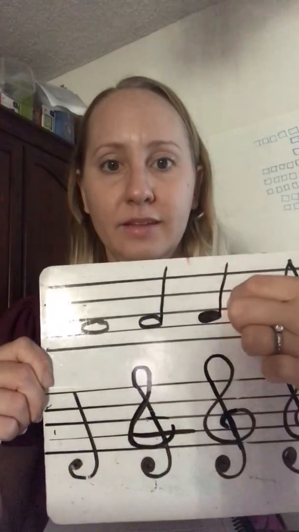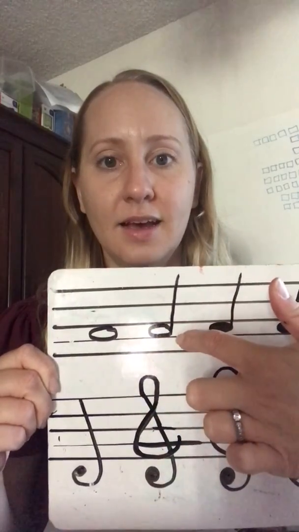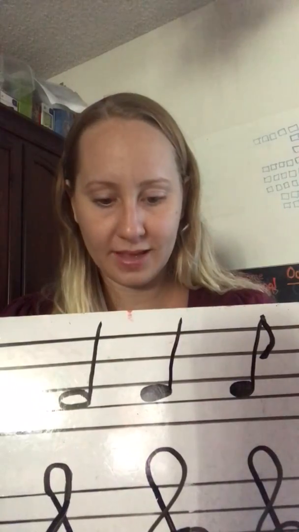And then a quarter note is this one, and it's held for just a count. So the ta, right? So this is ta, ah, ah, ah. Ta, ah, ta, okay? Then you're gonna draw an eighth note on the board. It looks just like a quarter note, but it has a little flag on it, okay? And you're gonna hold that for half count.